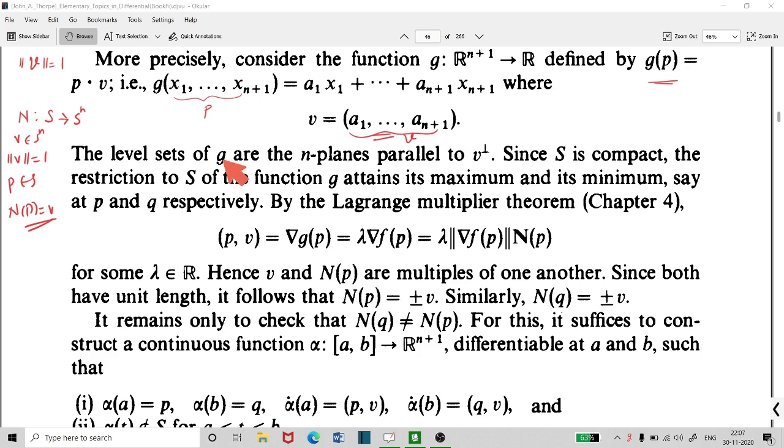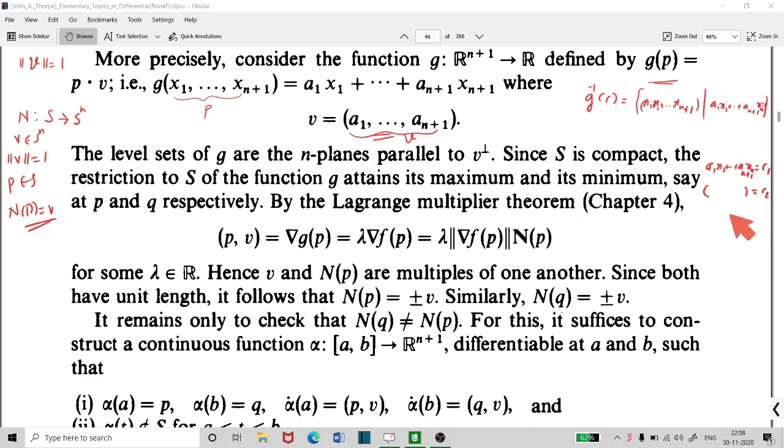Now, as we know, you can consider the level set of this g. One particular level set is g⁻¹(c). This will give the set of all (x1, x2, ..., x_(n+1)) such that a1x1 + ... + a_(n+1)x_(n+1) is equal to c. This is the way we construct the level set of g. When you consider different level sets, you get a1x1 + ... + a_(n+1)x_(n+1) equal to some c1, similarly equal to some c2.